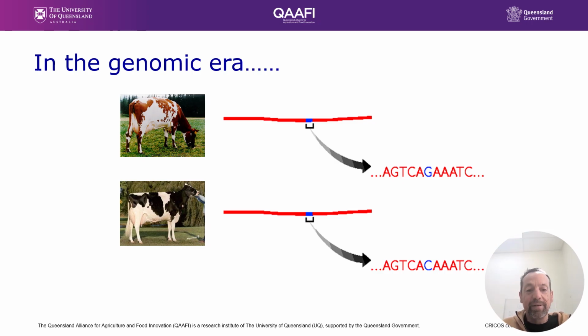And the most abundant form of variation at the genome level are SNPs, single nucleotide polymorphisms, which are differences in the genome sequence between animals. And these are very abundant. For example, in the worldwide cattle population, there's probably 100 million SNPs in the global population.